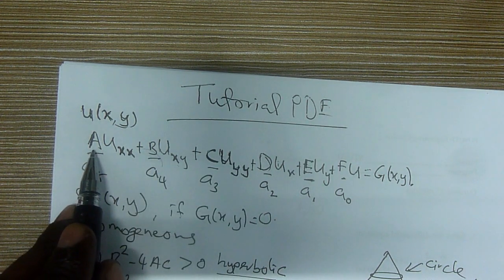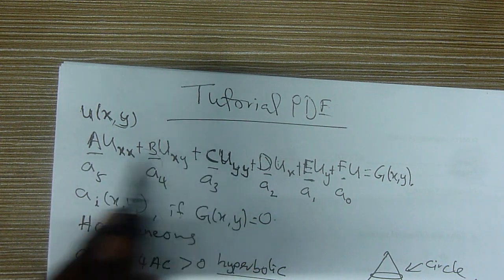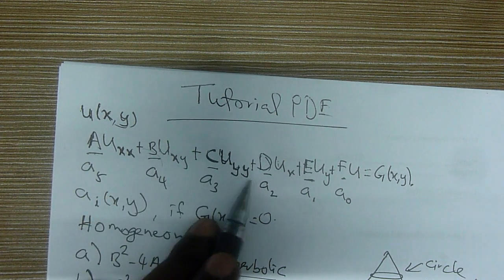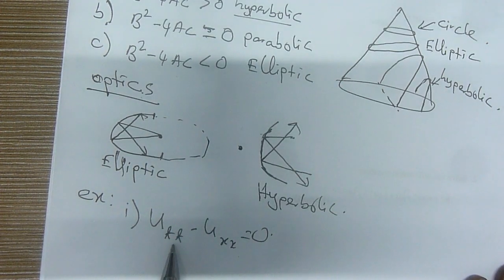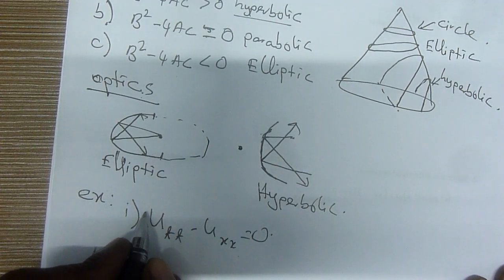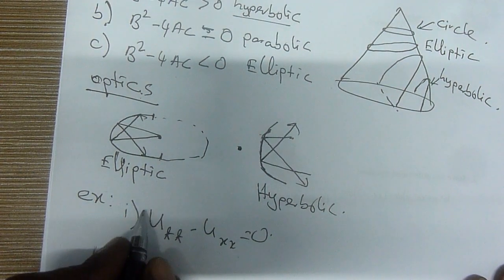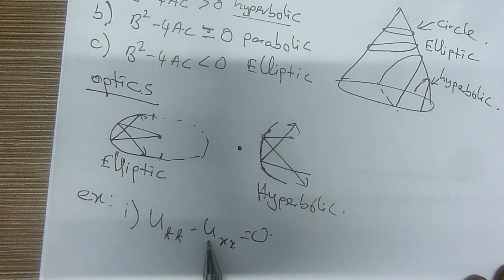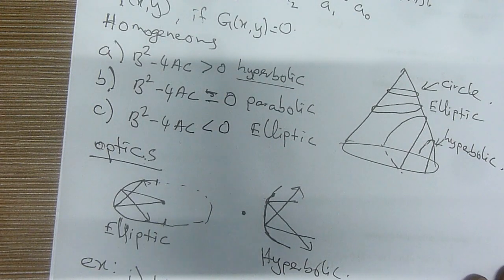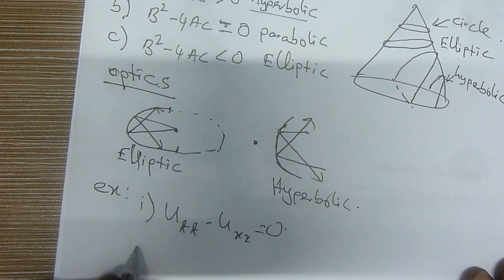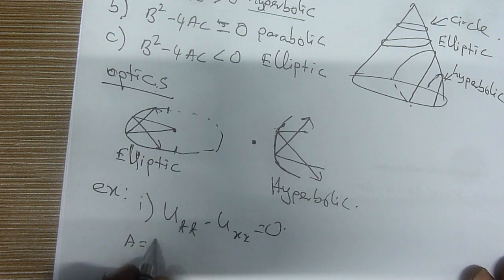Okay, imagine A as an XX and YY as a C. You can see here, this TT is actually a kind of representation whereby the C is there. And for the UXX there is one here, but what is the representation of that? Okay, the A is 1.